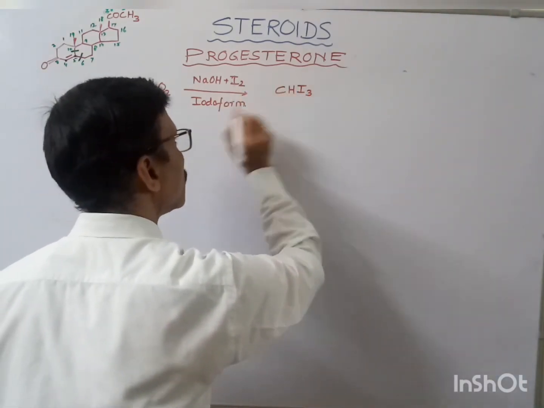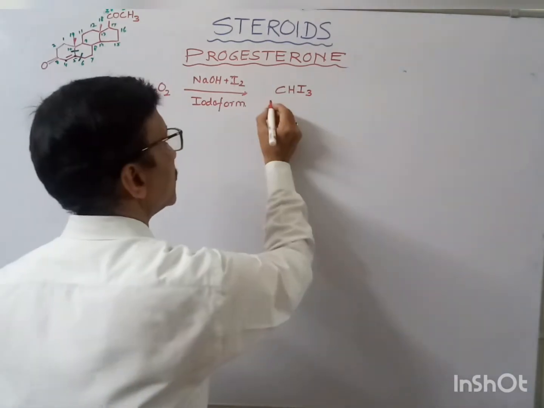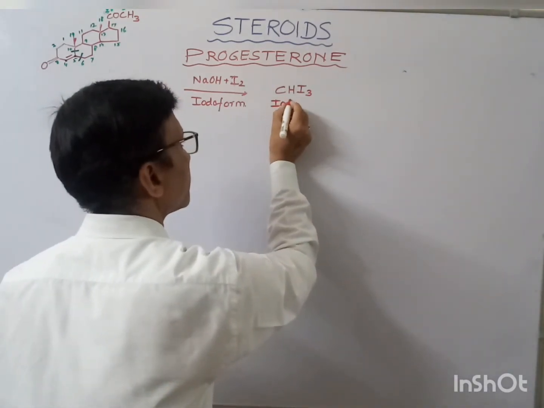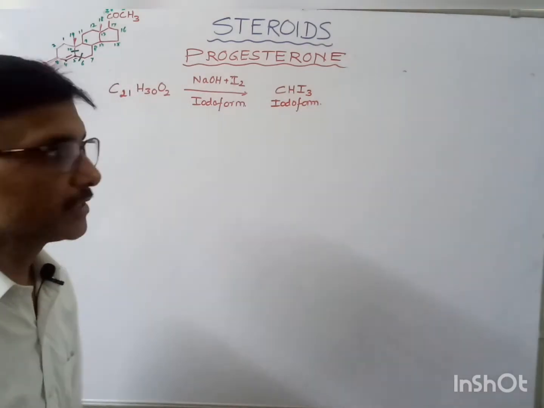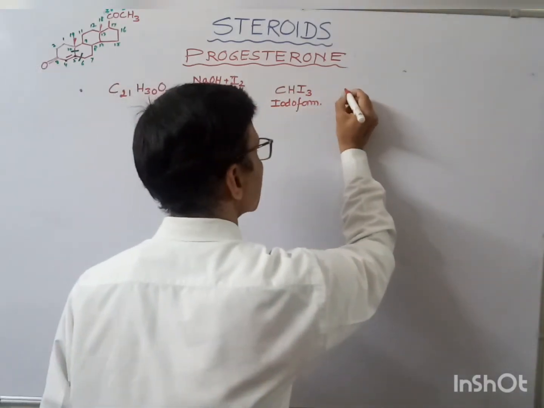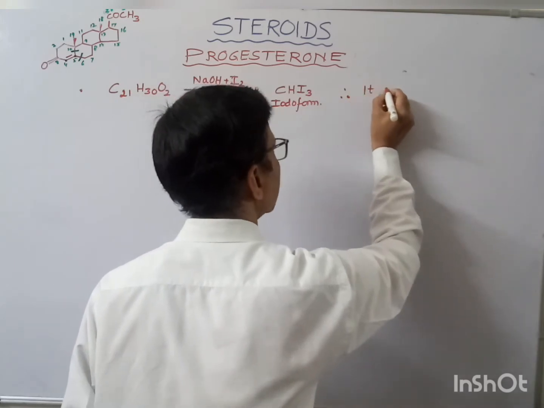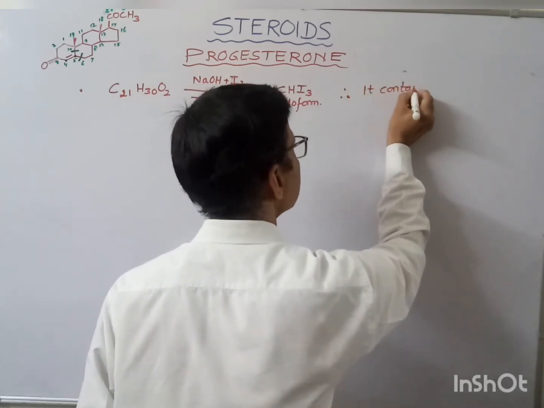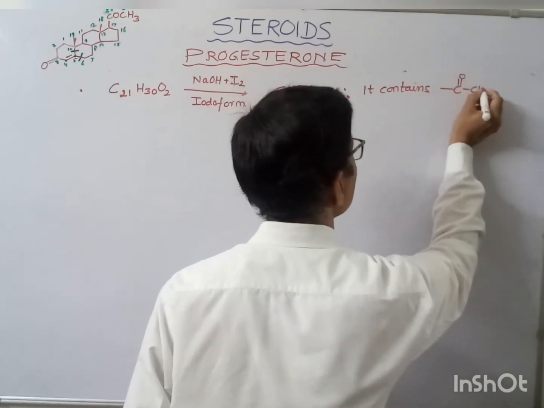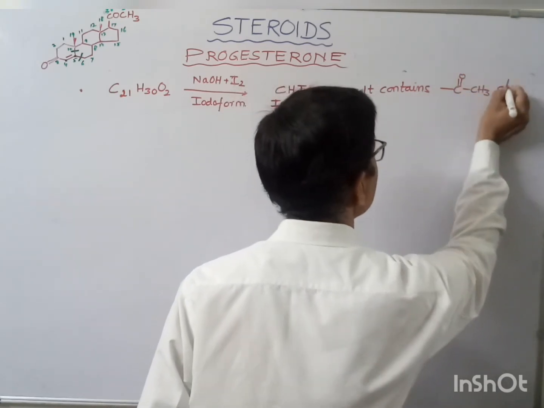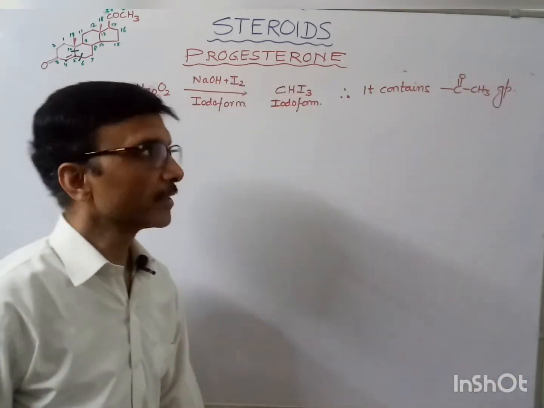So what does this one molecule of iodoform indicate? Therefore it contains this COCH3 group.